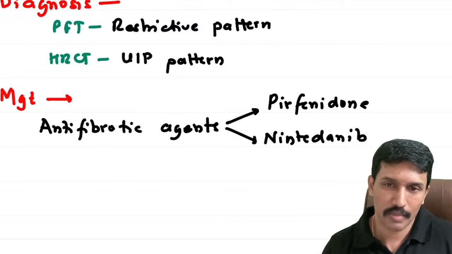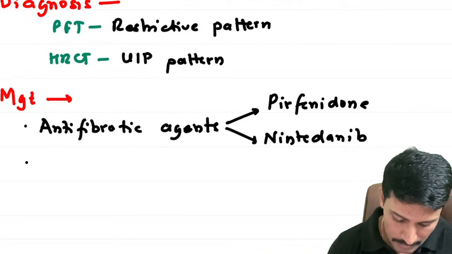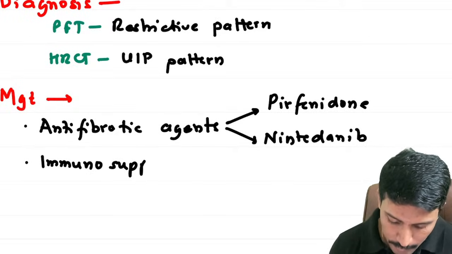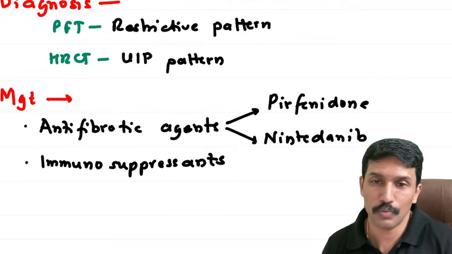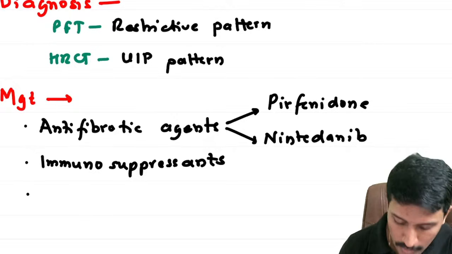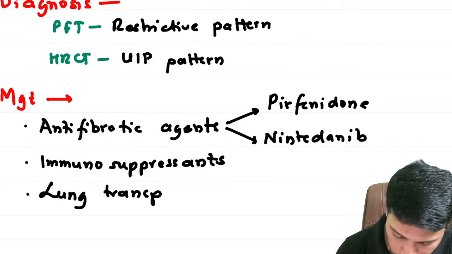So by decreasing their activity, I can reduce the progression of lung fibrosis. That is one. Second, if they don't help, we can go for immunosuppressants. Immunosuppressants will not only suppress the immune cell activity, but also the fibroblast activity. And in worst case scenario, if that is also not helping, then we have to go for lung transplantation.